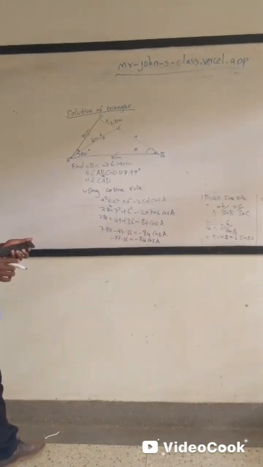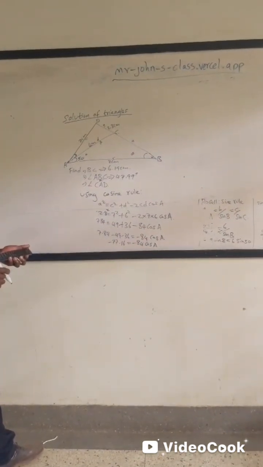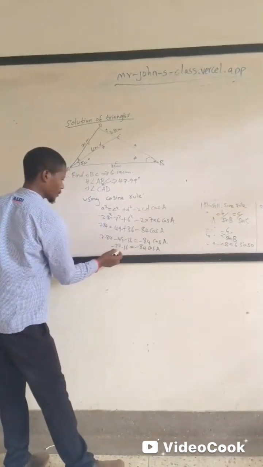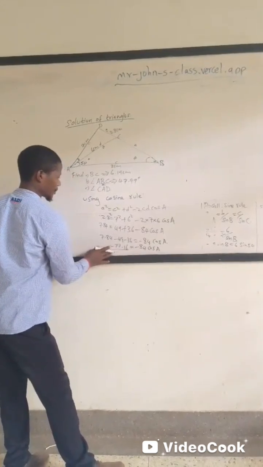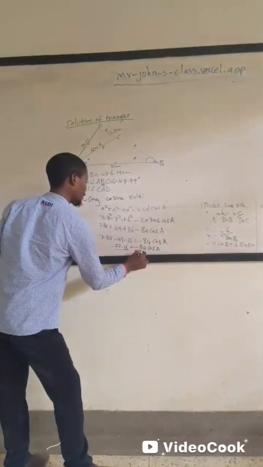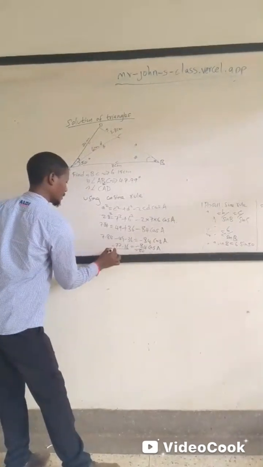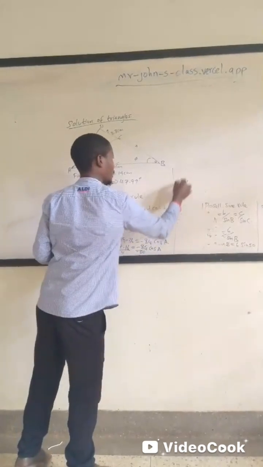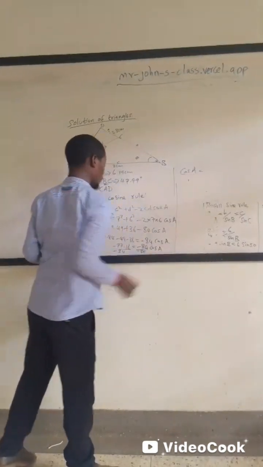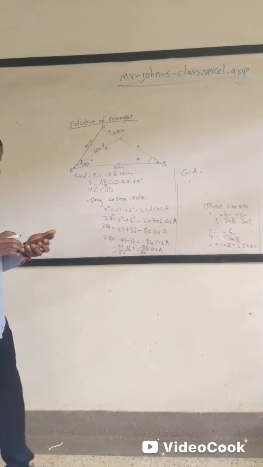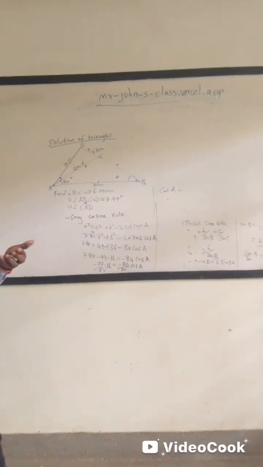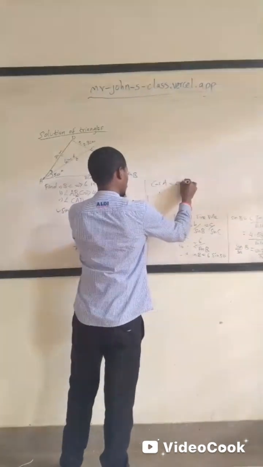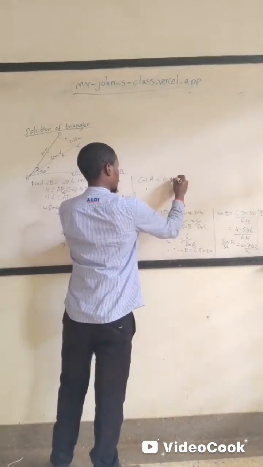From there we divide by negative 84. So the cosine of A should be equal to negative 77.16 divided by negative 84. That gives me 0.919.